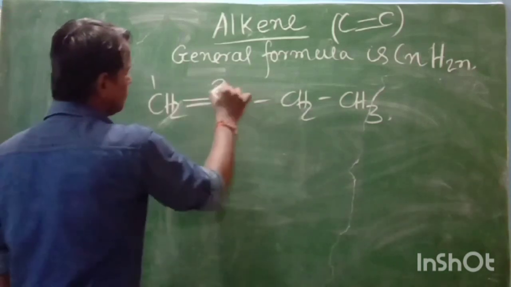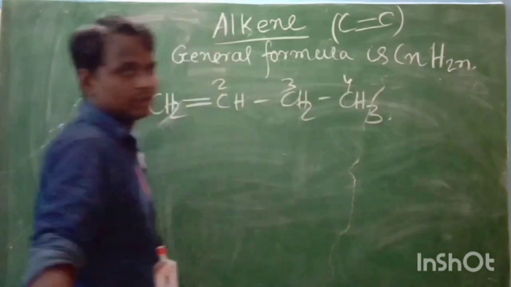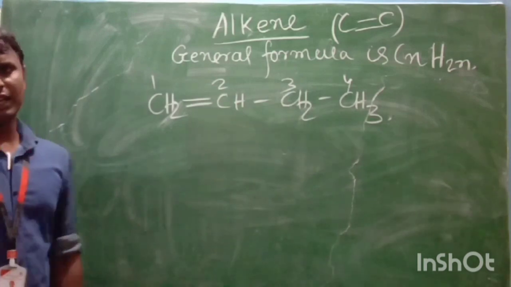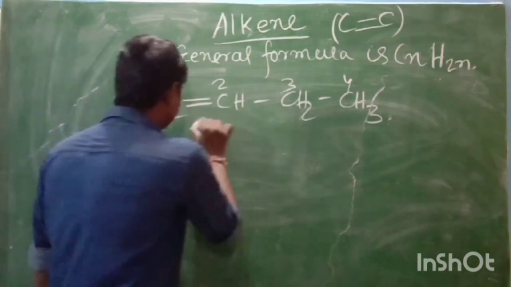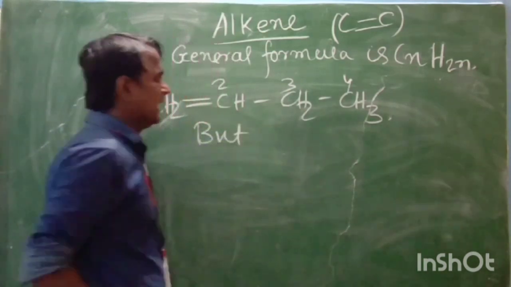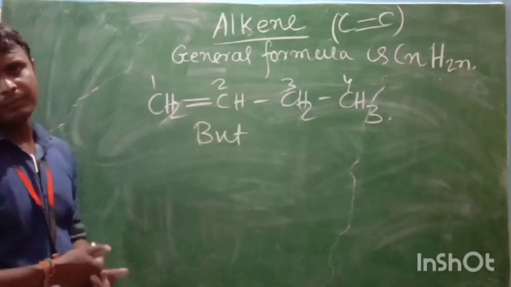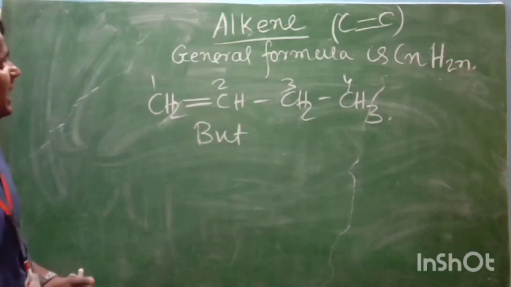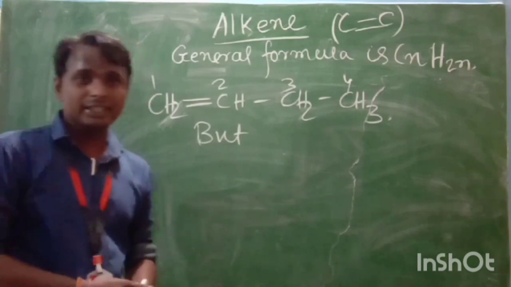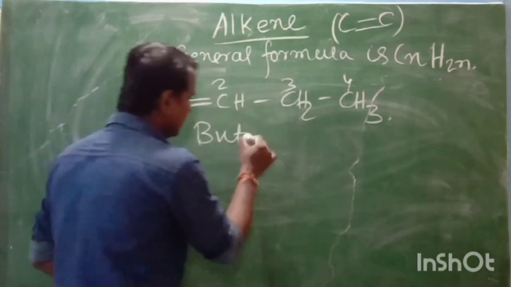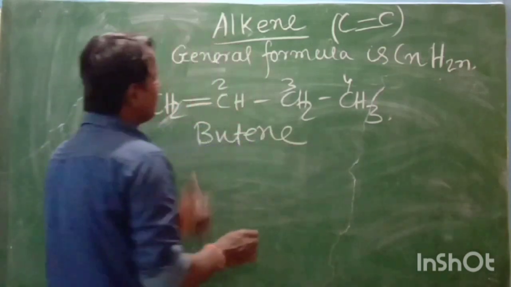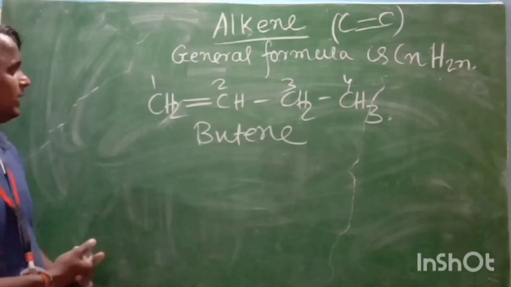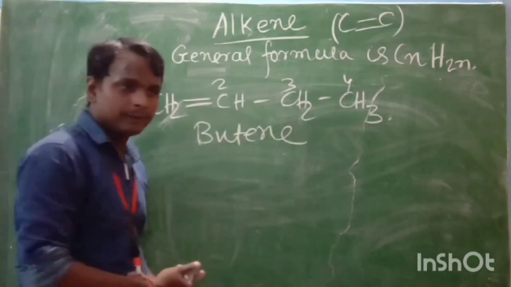Numbering 1, 2, 3, 4. Here the number of carbon is 4, I mean the root is but. And here a double bond is present, I mean this is an alkene. Alkene means the suffix is ene. So we add ene, and the name of this alkene is butene.